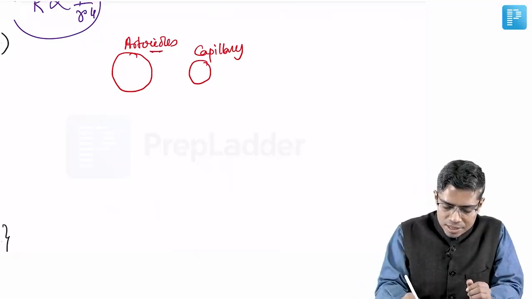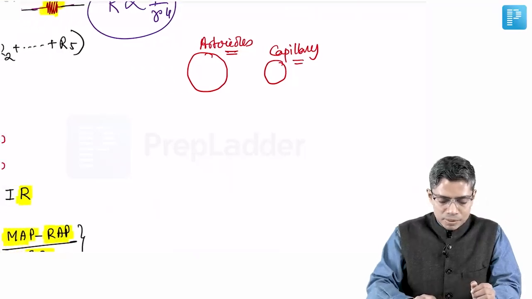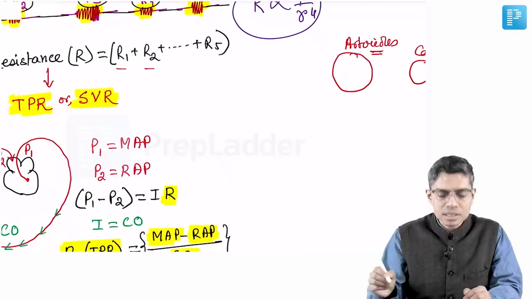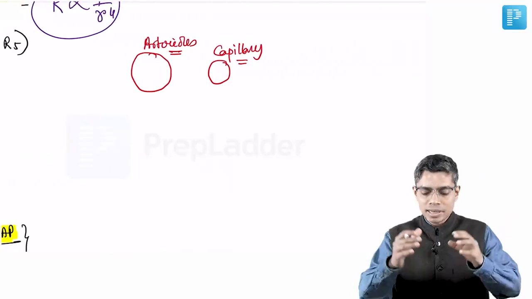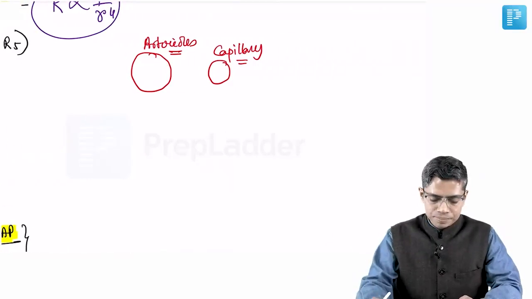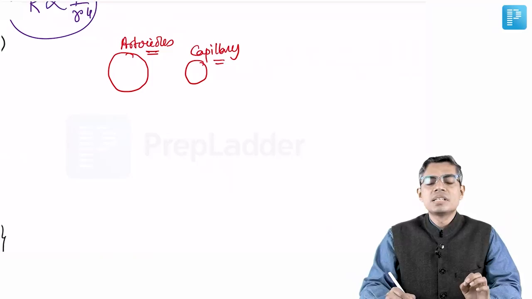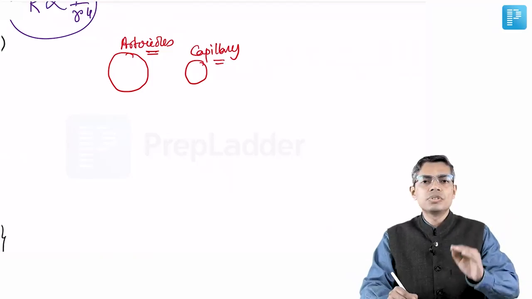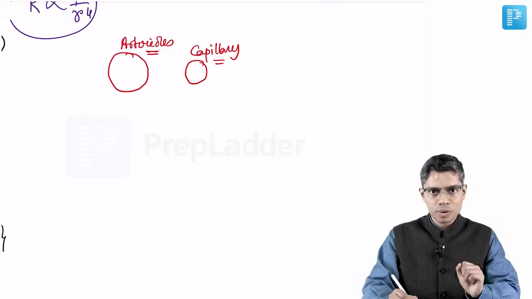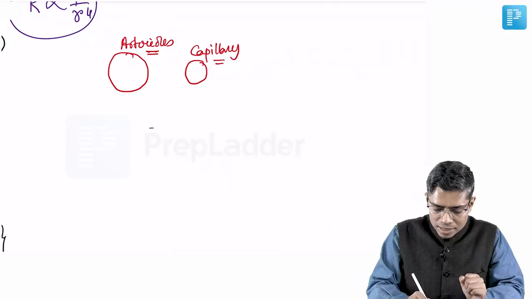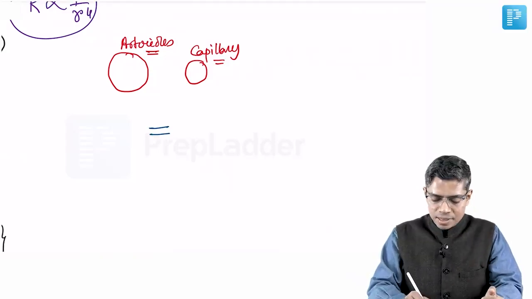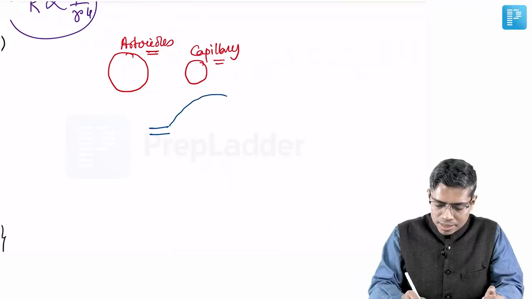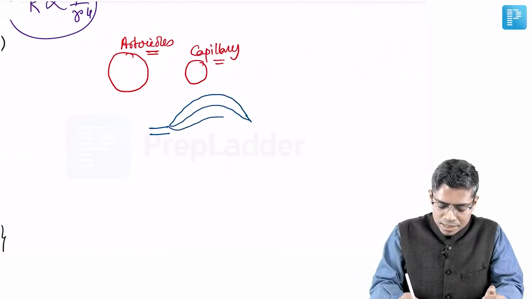So whenever we are talking about this R1, R2, R3, this is the resistance of all the arterioles of your body, all the capillaries of your body. Now, the number of capillaries in our body is very huge compared to the arterioles, obviously. And if you look at the capillary arrangement in any organ system, then you will find that capillaries are present in a parallel circuit like this.